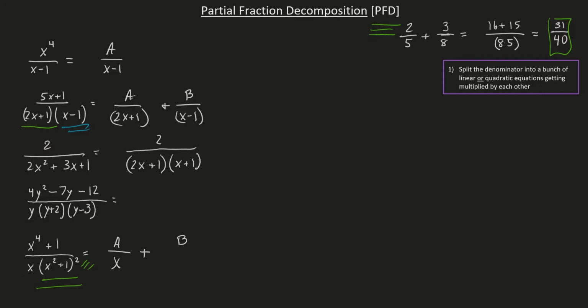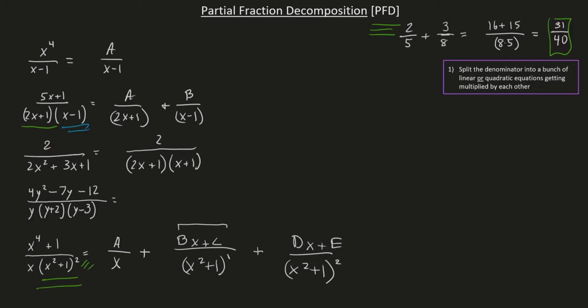So I give the first rendition of that quadratic equation two constants, there we go, bx plus c. But since this equation is repeated, you have to give the second sort of rendition of it two constants as well. So this would be dx plus e.